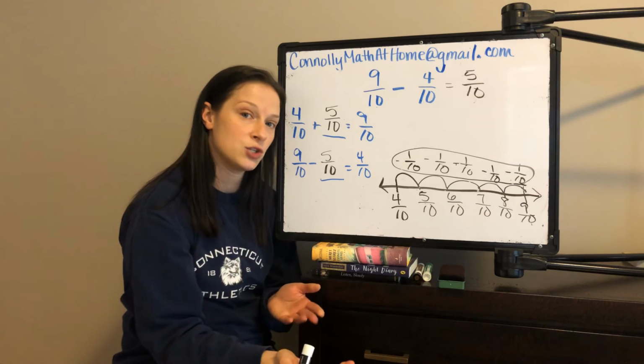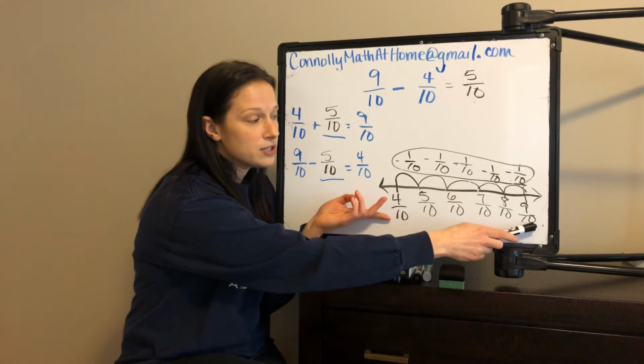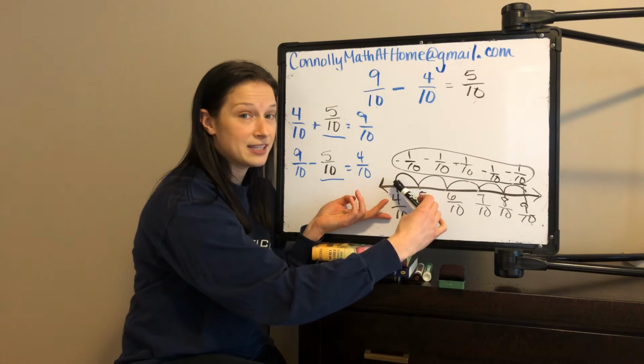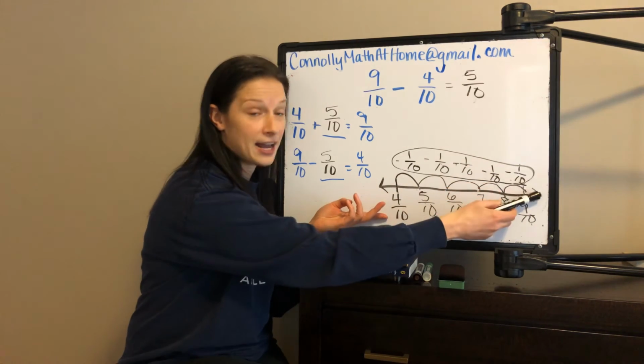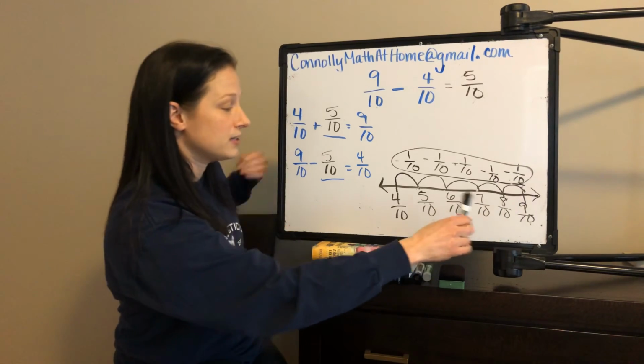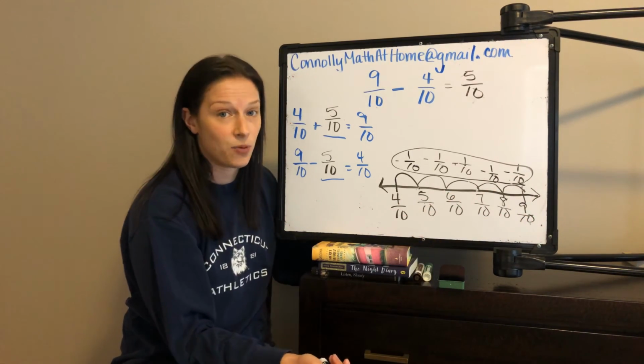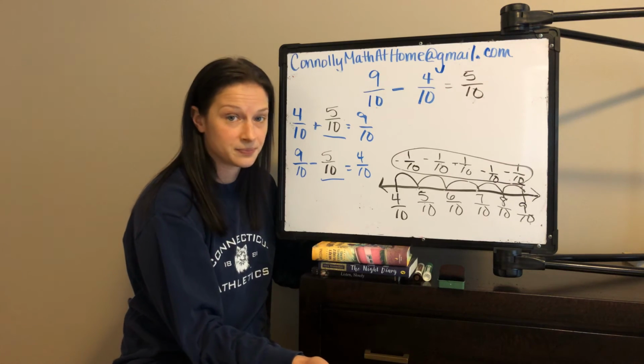Or in subtraction situations, we're finding the difference between two numbers. So just like whole numbers, you can subtract to find the difference, or you can add up to find the difference between these two numbers. So the distance between these two numbers, you can use the number line that way as well.